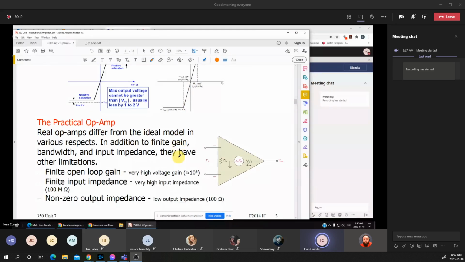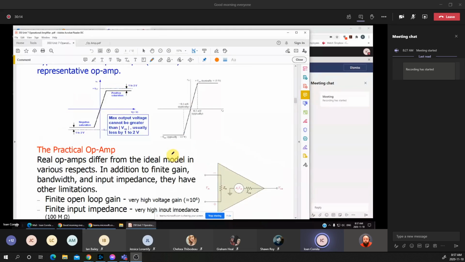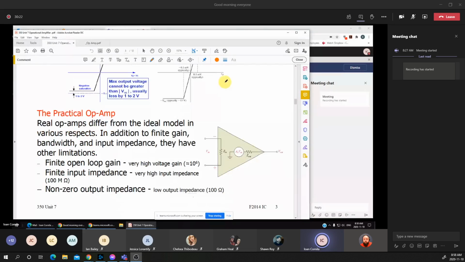I mentioned that we may see different supplied voltages for different op amps, and I'll discuss that a bit later. Now, on a practical side, there are always limitations from the ideal characteristics.